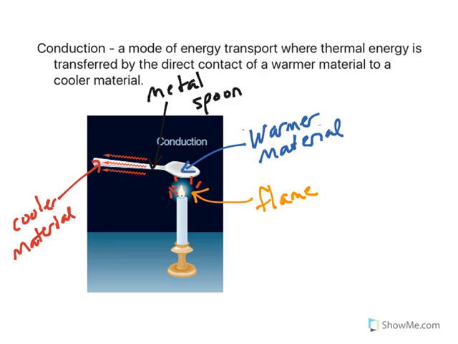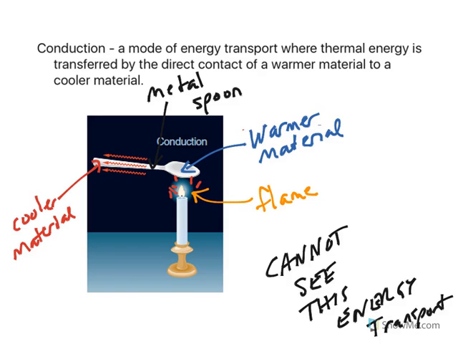The entire metal spoon is the material, but the end that's being heated up is warmer, and the end that is furthest away from the flame is cooler. Now you cannot see the energy transport. So it's very important for you to remember that you cannot see this energy transport.